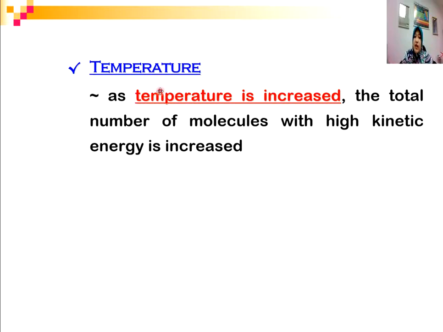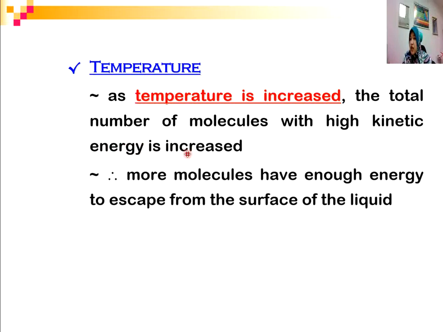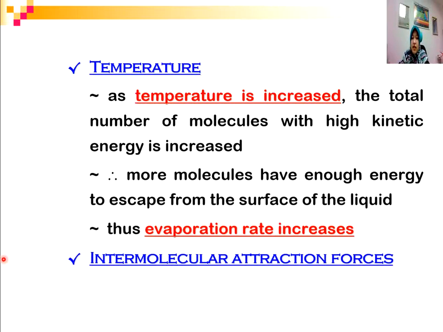This is because when the temperature increases, the total number of molecules with high kinetic energy also increases, and when they have enough energy, they will overcome the intermolecular forces and escape from the surface of the liquid and vaporize. So the relationship is the higher the temperature, the faster the rate of vaporization.